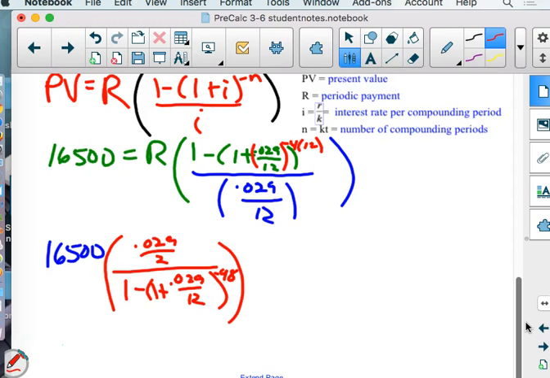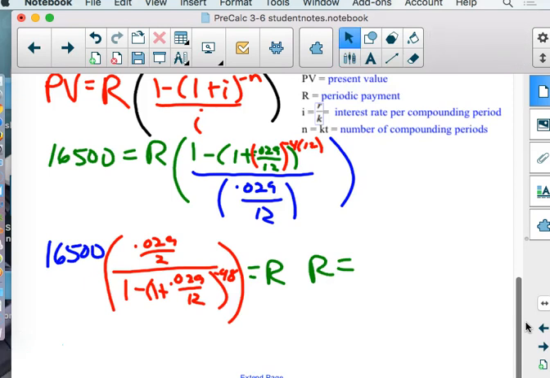I like to make sure that we're using past skills. We already know how to punch something like this in. We just did it when we were talking about future value. So what I would do is punch this in exactly the same way as we did the other one, and then at the end I'd just take 16,500 and divide it by my answer. That way I don't have to try and do anything fancy with it to find R.